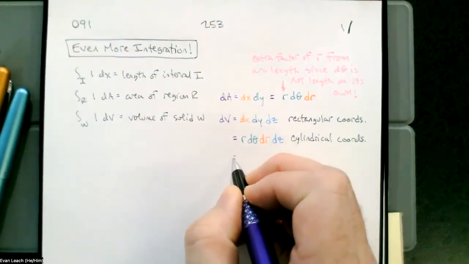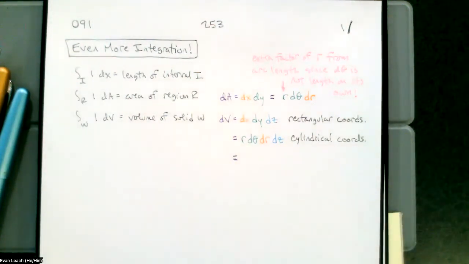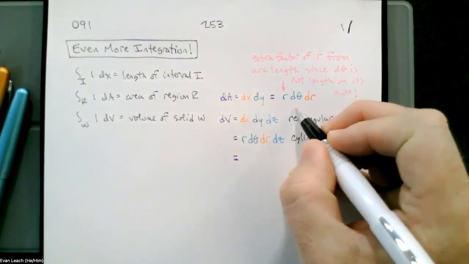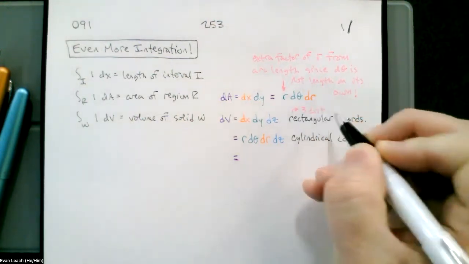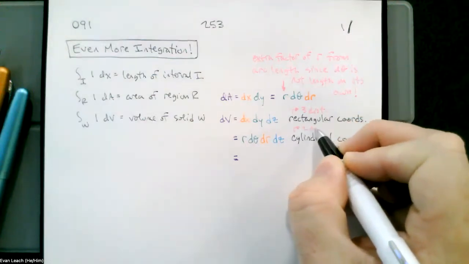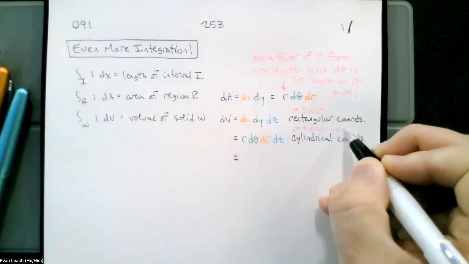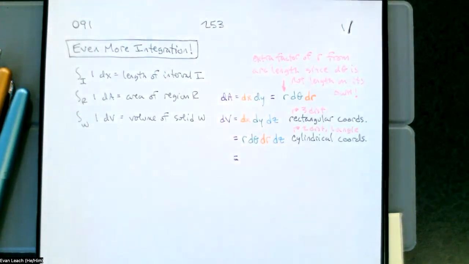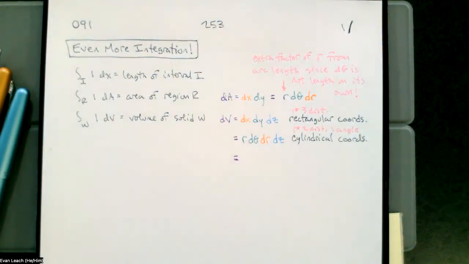So notice that rectangular coordinates was 3 distances. Cylindrical coordinates was 2 distances, 1 angle. So we're going to have a third kind of coordinate. What's it going to consist of? What's the next step in the progression? 3 distance, 0 angle.